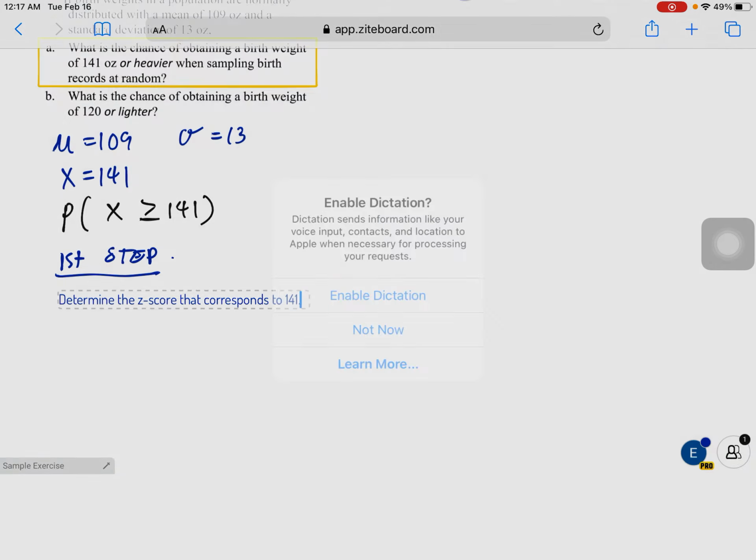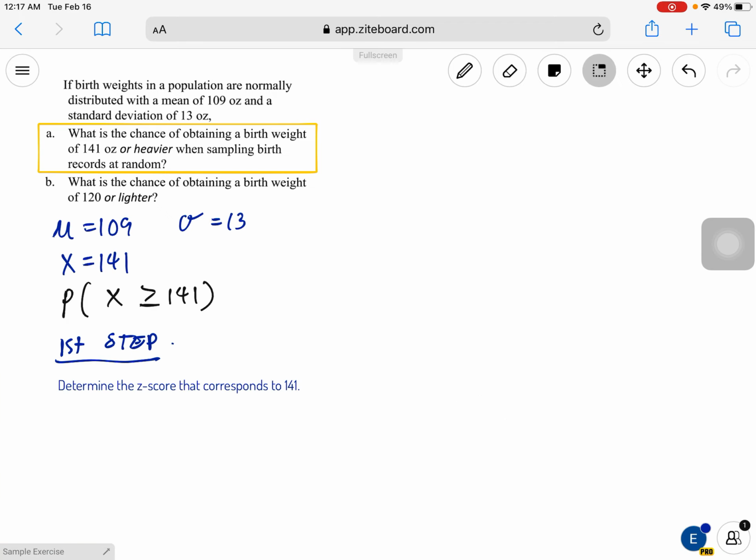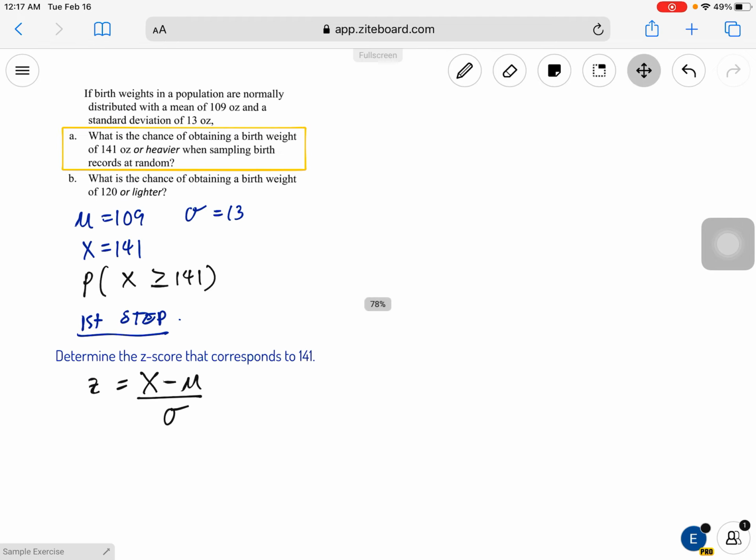Now using the z-score formula for population data, we have z is equal to x minus mu all over sigma. And from here, let's just substitute the values.